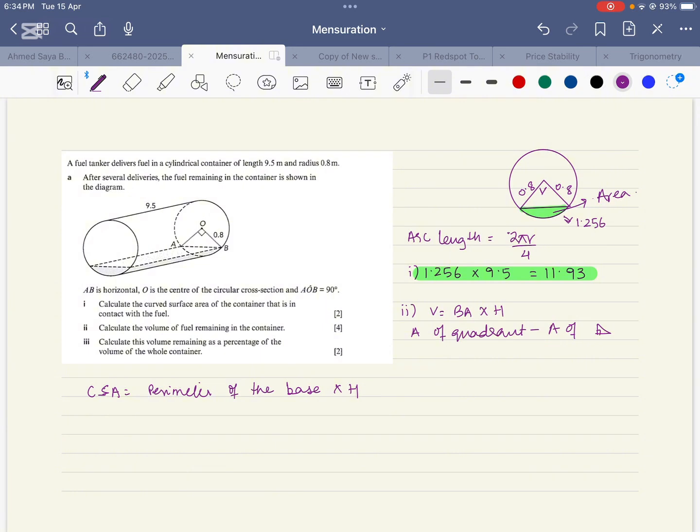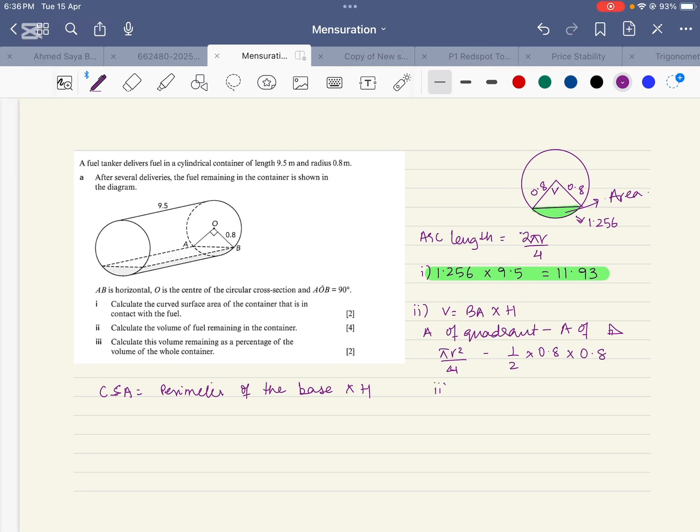If we subtract both of them, we will get area of this segment. So area of the quadrant is pi r square upon 4, and area of the right angled triangle is half into base into height. This gives us 1.735, or you can let it stay 1.73.